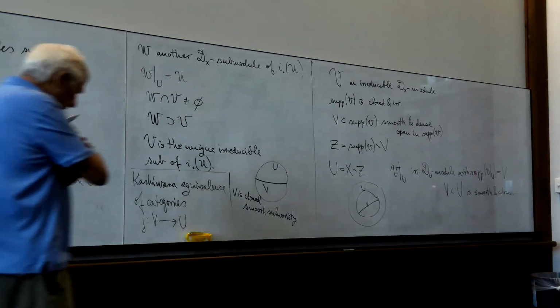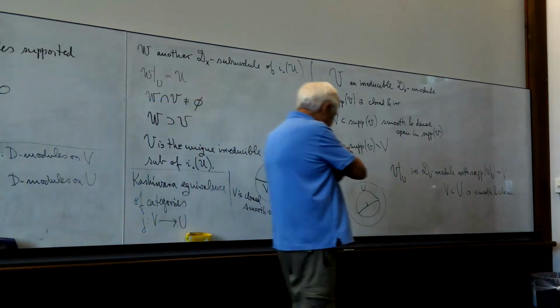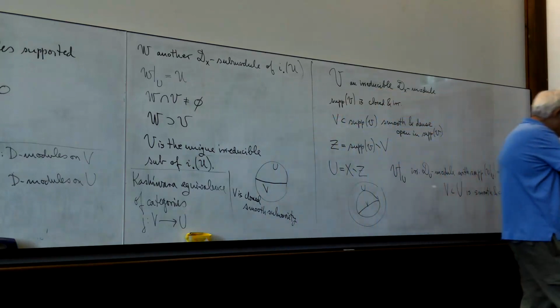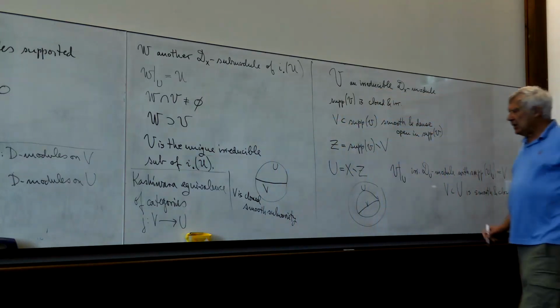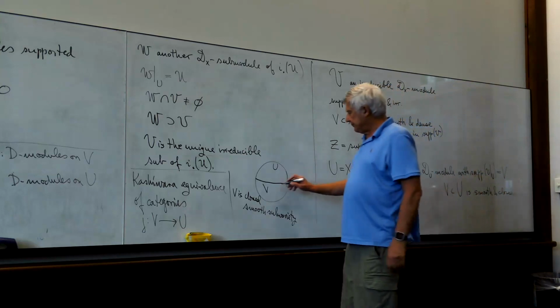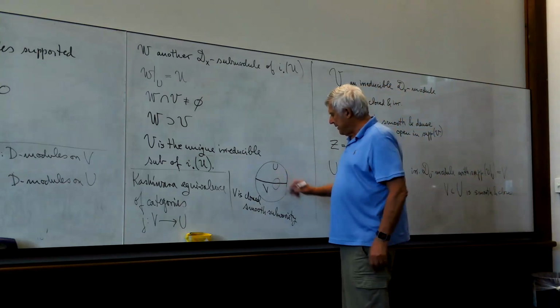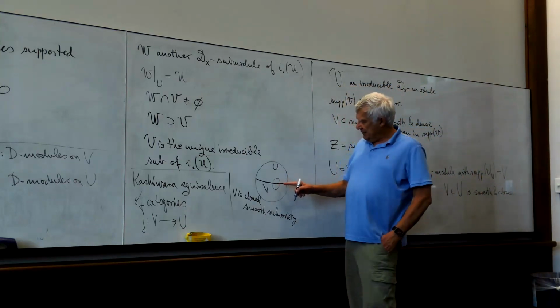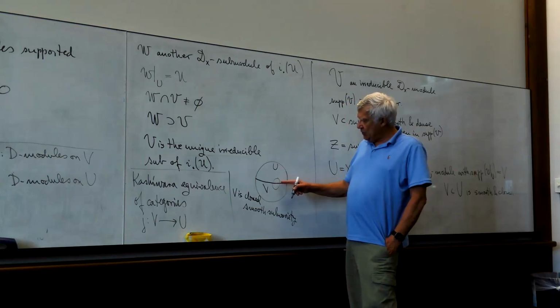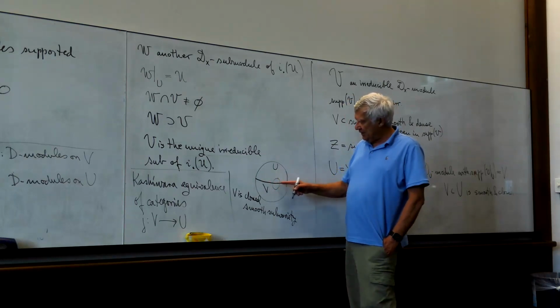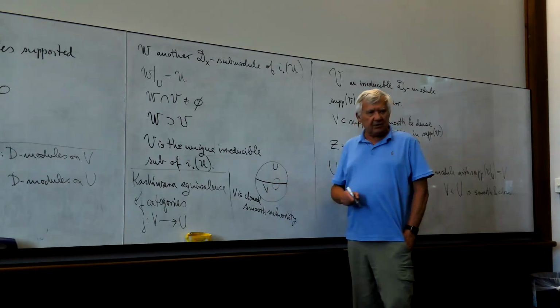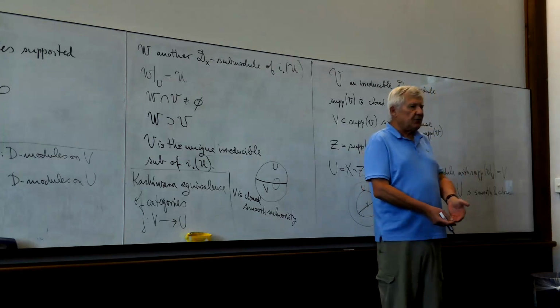Let me just, at the moment, give you the idea. Locally, roughly speaking, you can think that you have a D module, you know how to differentiate along V, but you don't know how to differentiate in normal directions. So you just formally add.